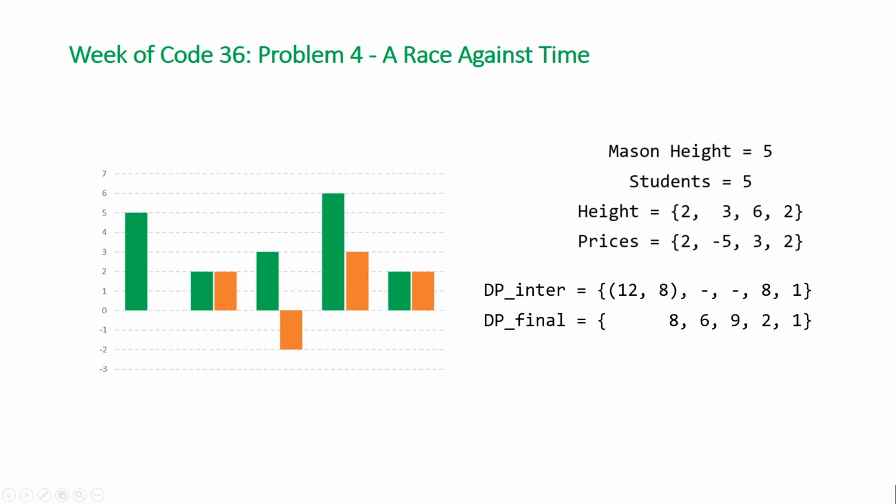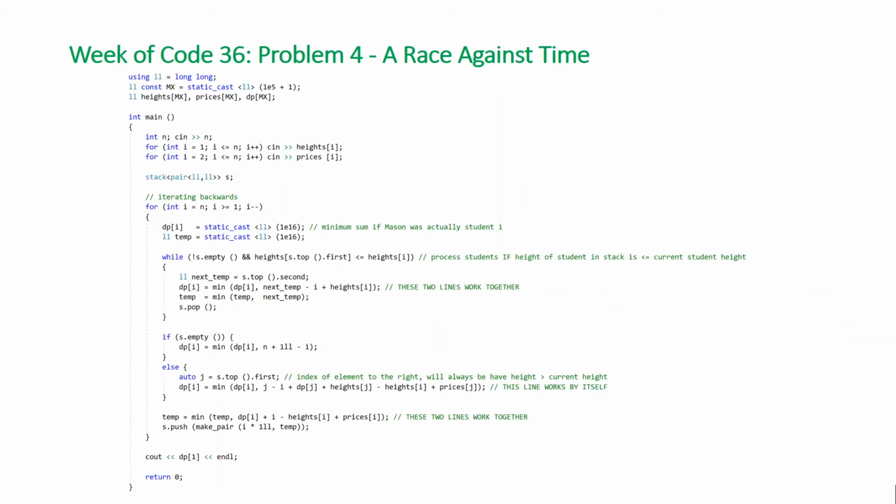So let's take a look at our code example. There's a lot of code here, so I'm going to try and make this easier to see. Just note that at the top here, we're using a type alias LL to represent the type long, and we've initialized these arrays to the maximum length of our input, so we don't need to worry about dimensioning vectors.